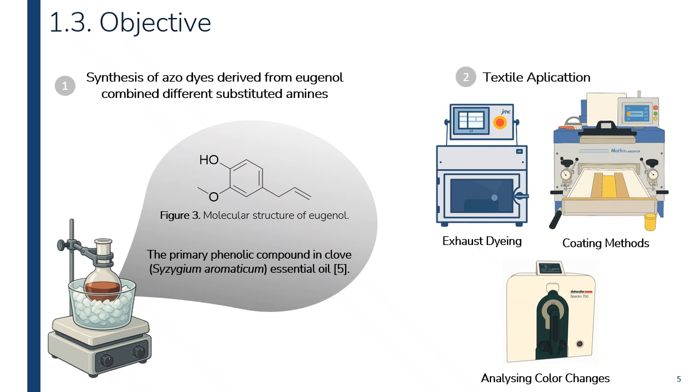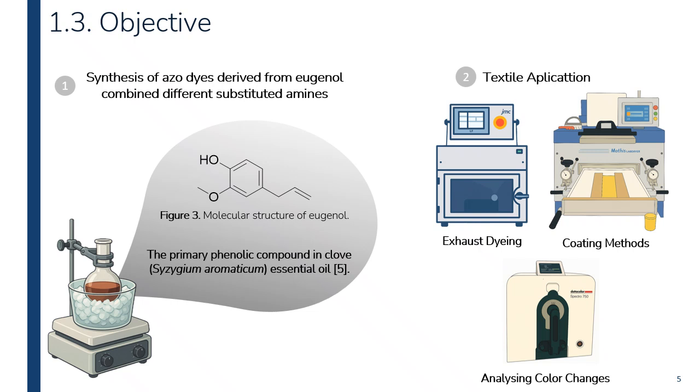In this context, our goal was to synthesize azo dyes derived from eugenol, which is a natural phenolic compound extracted from clove essential oil. We chose eugenol because it is renewable and has functional groups that facilitate azo bond formation. After synthesizing the azo dyes, we characterized them using standard techniques to confirm their structure.